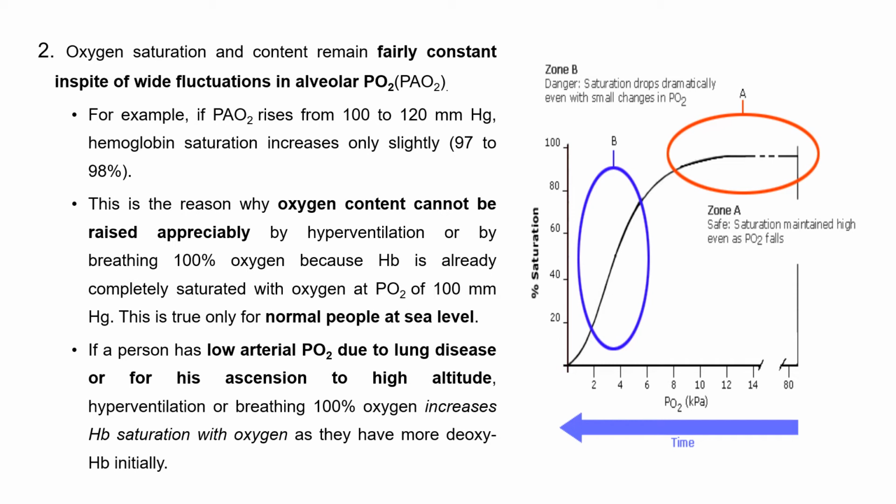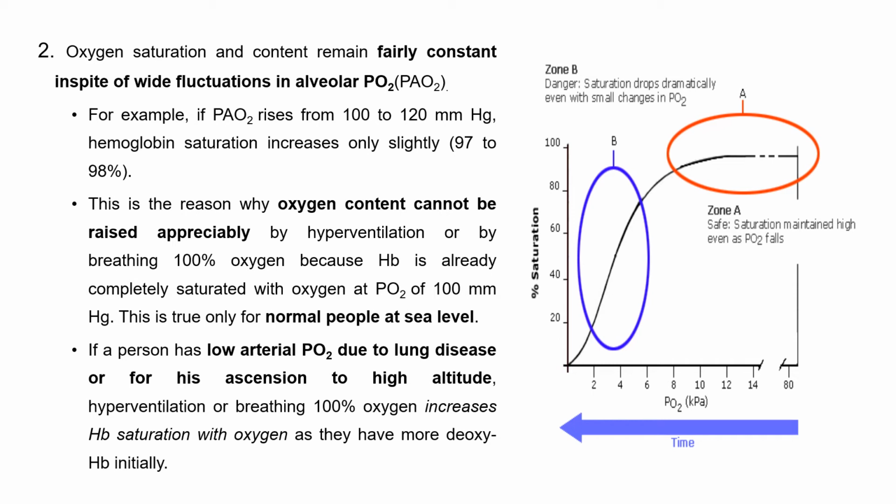This is the reason why oxygen content cannot be raised appreciably by hyperventilation or by breathing 100% oxygen, because hemoglobin is already completely saturated with oxygen at PO2 of 100 mmHg. This is true only for normal people at sea level.